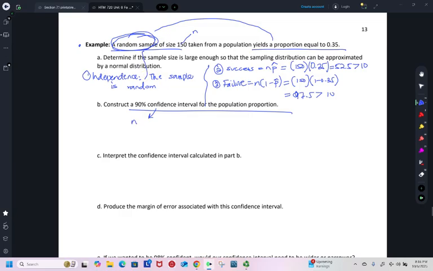Here we'll need the sample size, the number of observations, 150, and we'll also need X, the number of successes. Our X would be determined from the realization that X over N is equal to p-hat. Our p-hat was given as 0.35, and our N was 150.